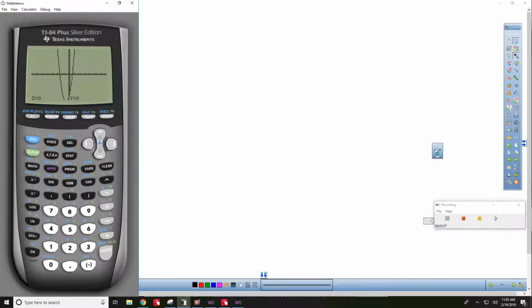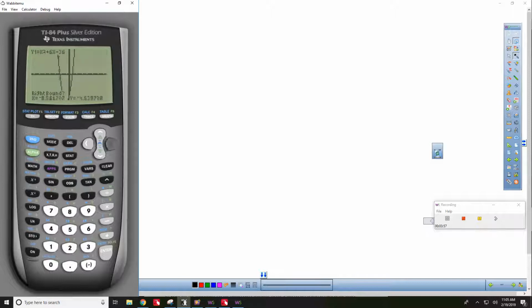So let's remind ourselves how to find this, Carson. What are we going to do? How do I find the intercept? Second, calculate. Not the minimum on this one. We want the zero. I've got to get my little bug to the left of the answer.